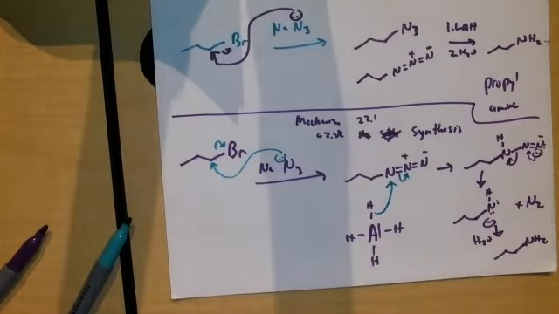Let's do the Gabriel synthesis next. So this is one way to make an amine directly. The other way is through what's called the Gabriel synthesis.